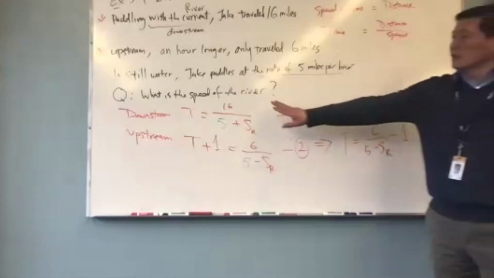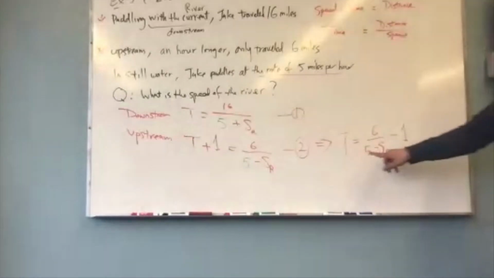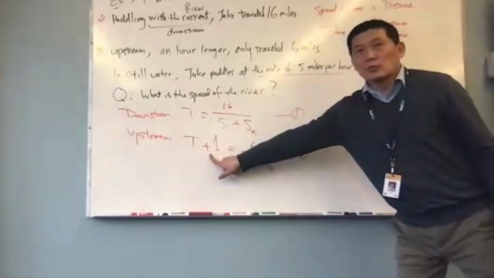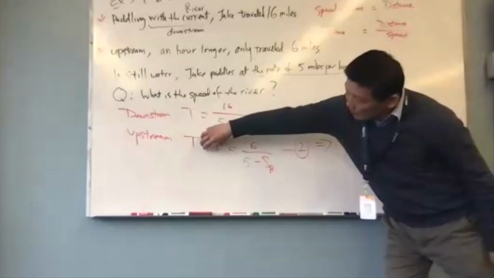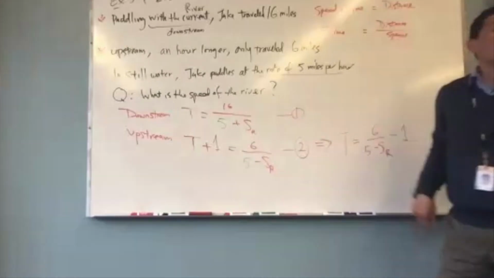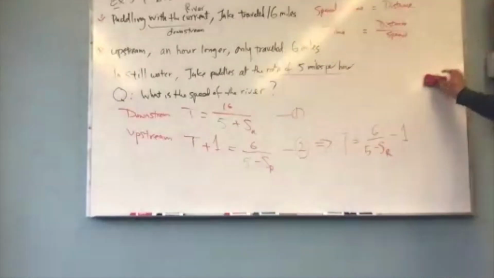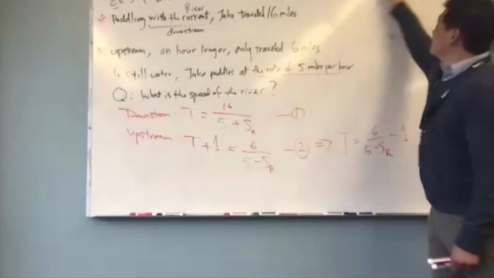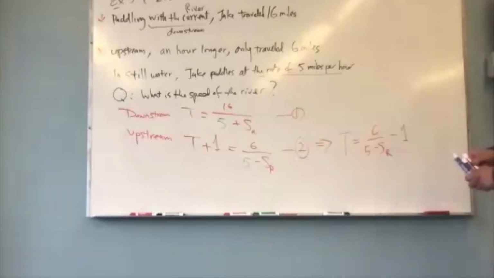I bring this plus 1 to this side, and it becomes minus. So now take a look at this. I'm going to erase this part and put my final equations here. I have equation number 2b.